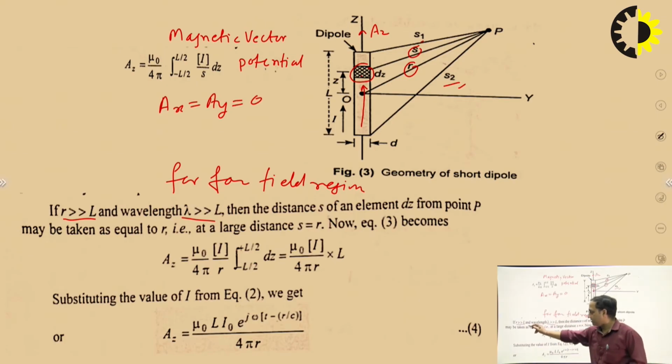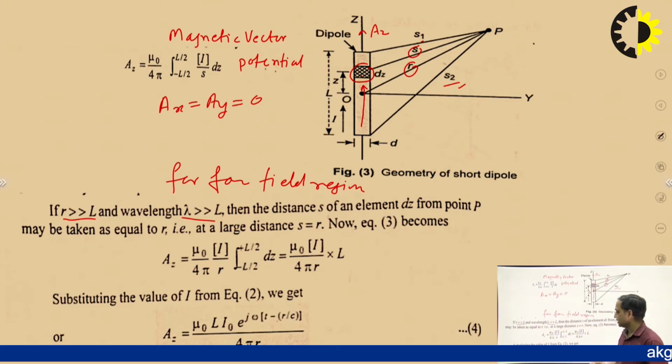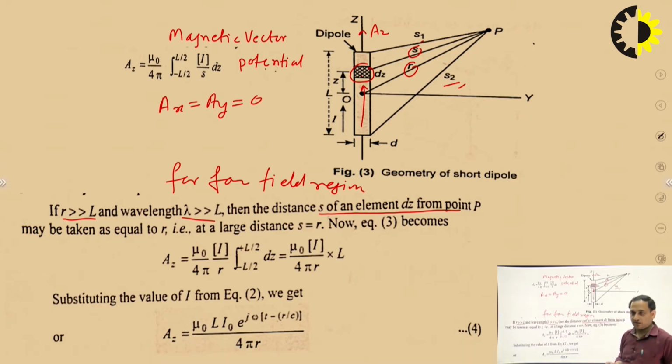That is why small r is very much greater than the length of the conductor, or the length of the dipole. And the wavelength lambda is very much greater than L, then the distance S of an element dz from the point P may be equivalent to R. So S and R can be the same if P point is very far away.